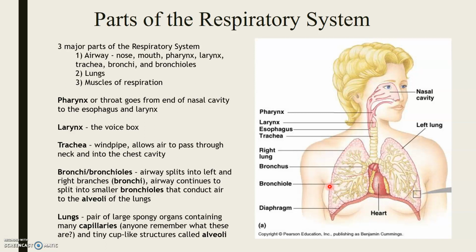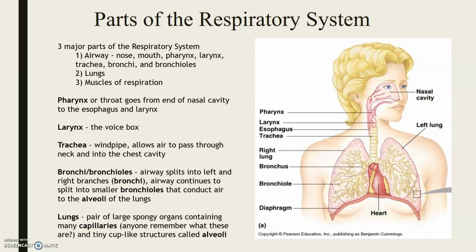Again, the lungs, just to round out this slide, are a pair of large spongy organs containing many capillaries. And capillaries should sound familiar to you. Do we remember what capillaries are?